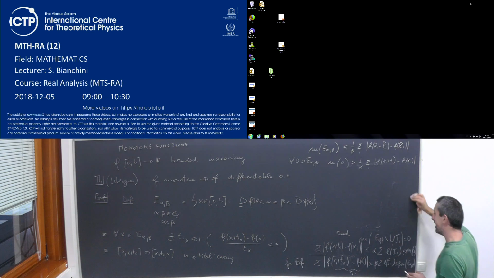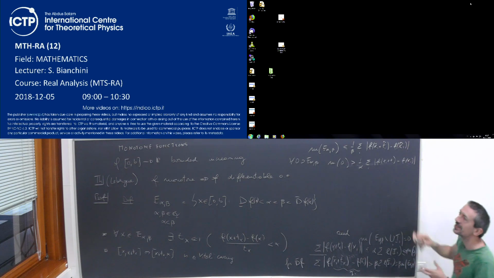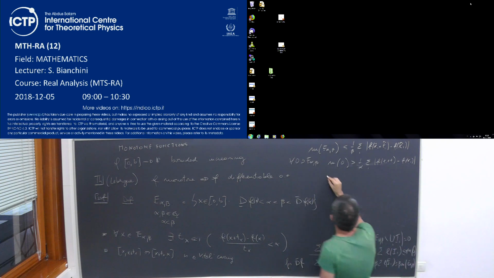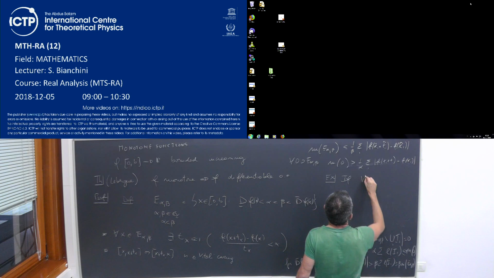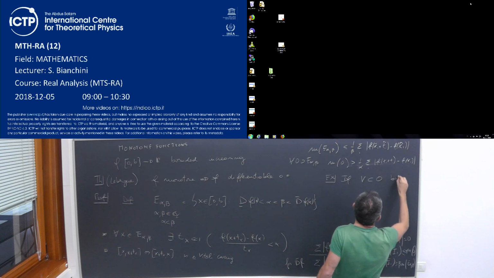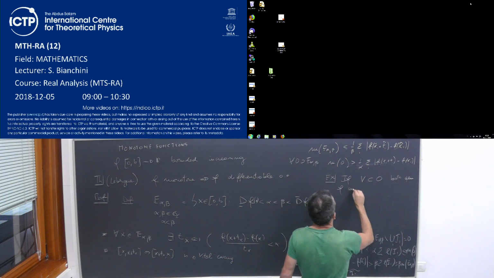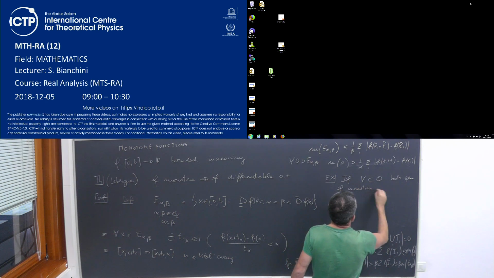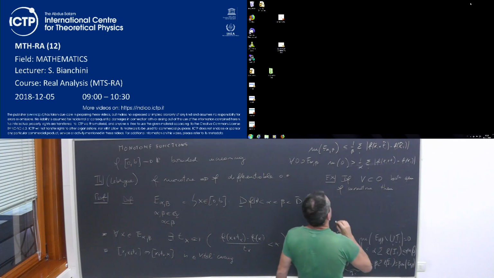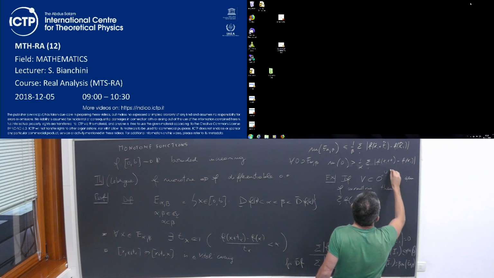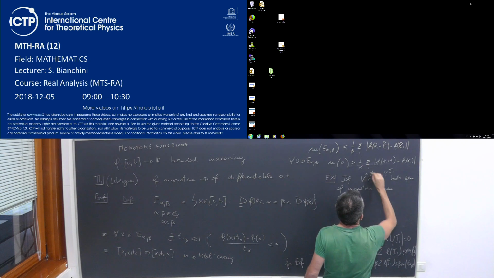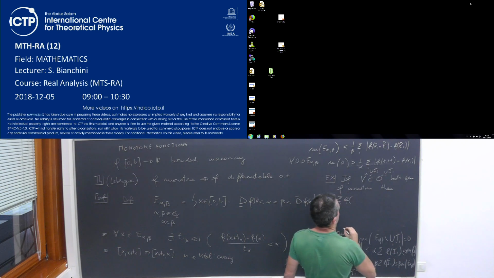Okay, let me conclude, because if V is contained in O, both open, and f increasing or monotone, then the sum of f, okay, this is a union of intervals, no? And this is another union of intervals, I_j.